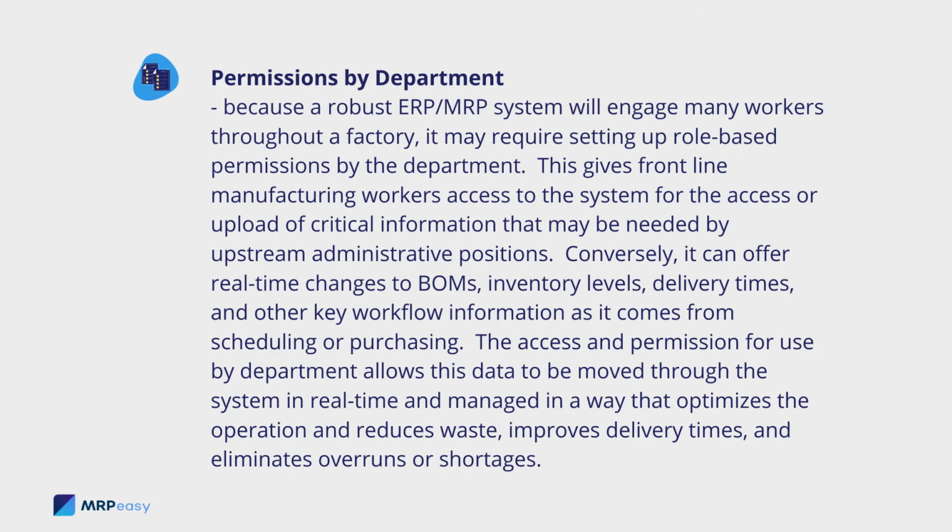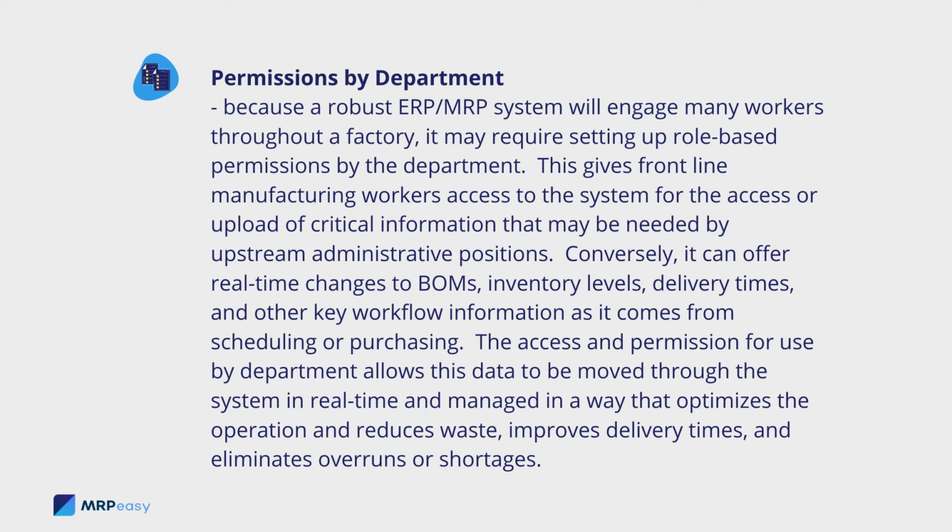Permissions by department. Because a robust ERP MRP system will engage many workers throughout a factory, it may require setting up role-based permissions by the department. This gives frontline manufacturing workers access to the system for the access or upload of critical information that may be needed by upstream administrative positions.